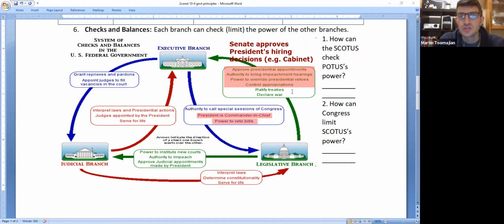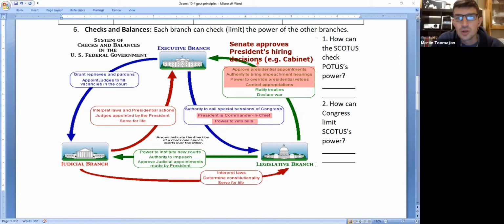Good. So the Senate approves the president's hiring decisions. Just to be clear, this is not going to work. No, here we go. This will work. That's terrible. That doesn't look right. This one goes there. There we go. All right. So that's number 1.